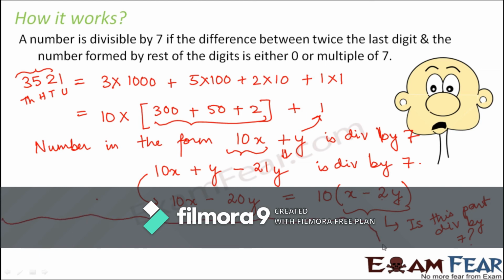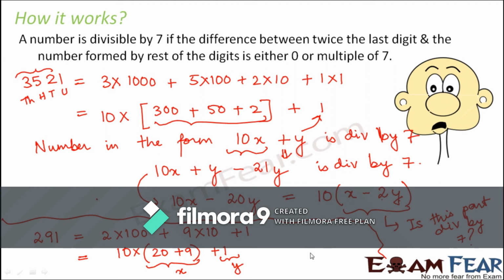So let us try to put the same logic to some other number. Let us say the other number which we had considered, that is 291. So 291 can be written as 2 into 100 plus 9 into 10 plus 1. So this can be written as 10 into 20 plus 9 plus 1. So here what is x? X is this. And what is y?